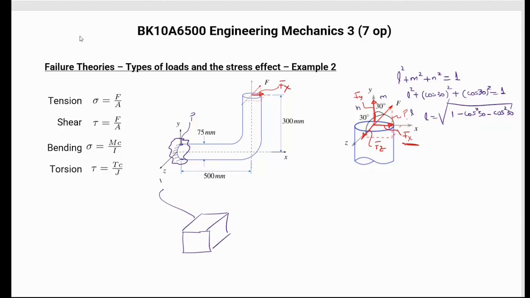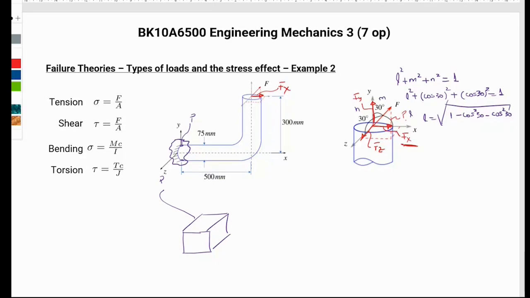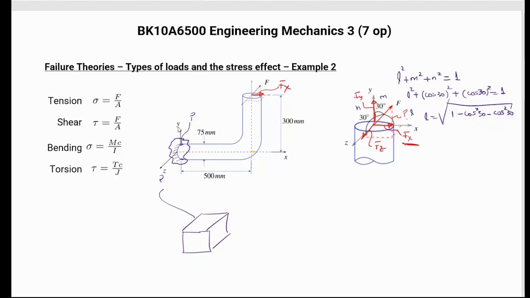This is the point P. So this force is creating two stresses at this point. I could consider this force as a consequence of having a force here and translating it up to here.